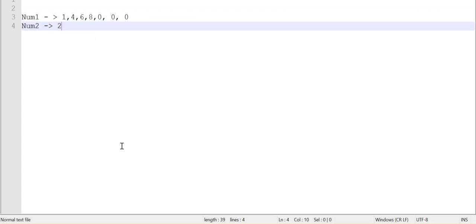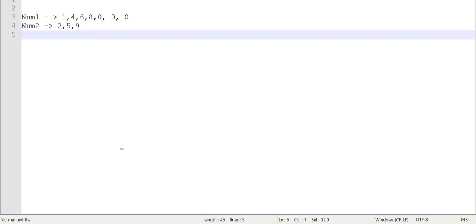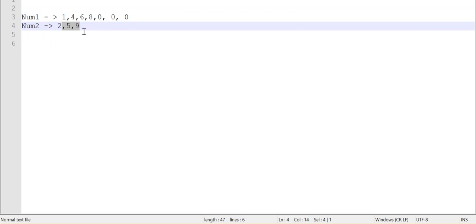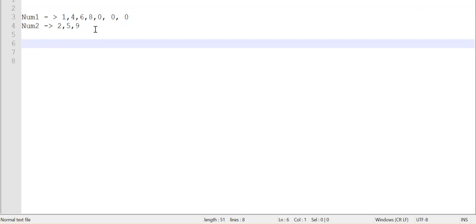So say nums2 contains 2, 5, 9, right? That means nums1 has enough space to accommodate nums2 values as well. So if we combine these two, my updated nums1 will become 1, 2, 4, 5, 6, 8, 9.